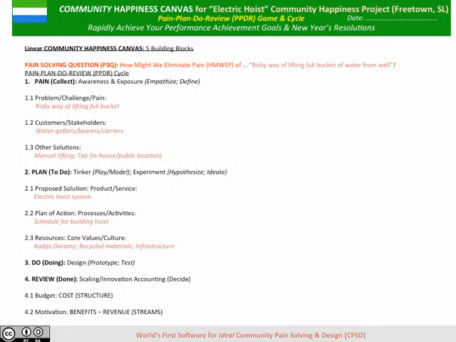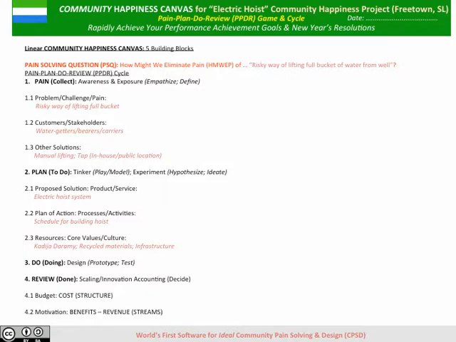So for the project which was done by Khadija Darami, we can present the pain solving question as how might we eliminate pain of risky way of lifting bucket of water from well. So that's the main question which reflects the pain. So you can answer this question using the pain plan do review cycle.